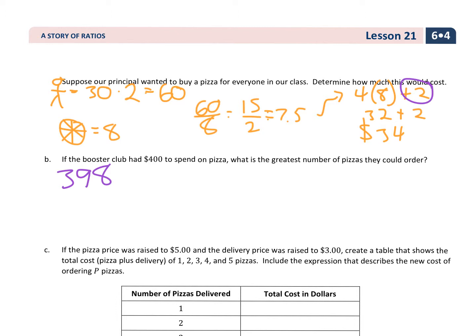So let's assume that the tip's built into the cost somehow, and we have $398 to spend on just the actual pizzas. So we would do that divided by 4, and 398 divided by 4 is 99.5. So you can't actually buy 99.5 pizzas, so we could just get 99 pizzas.